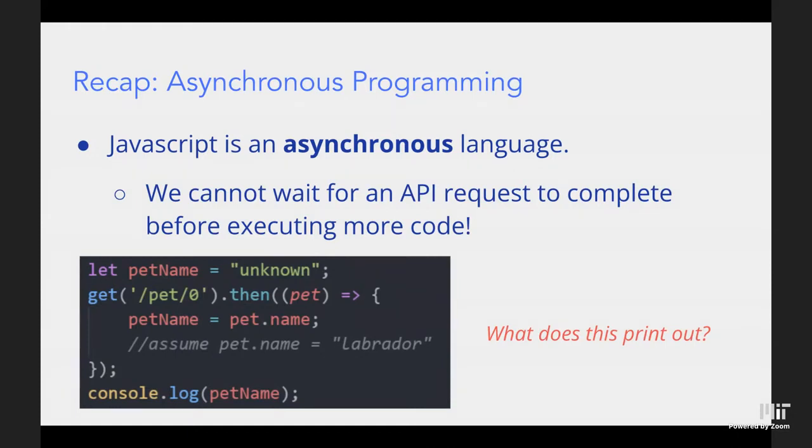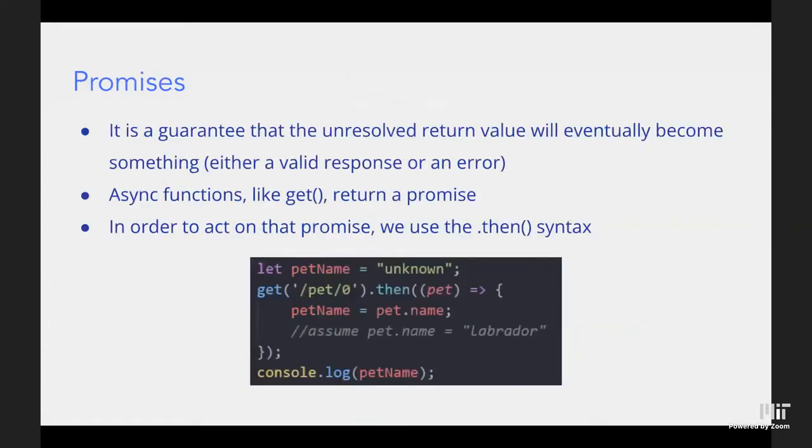So now that we have more of the motivation behind asynchronous programming done, we're going to be going through promises. A promise is a guarantee that at some point our unresolved return value is going to become something.